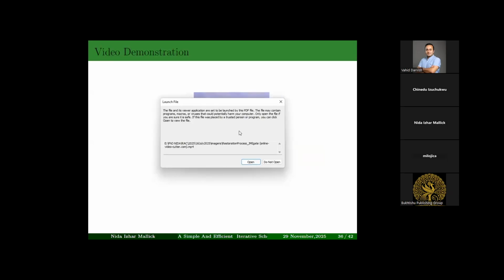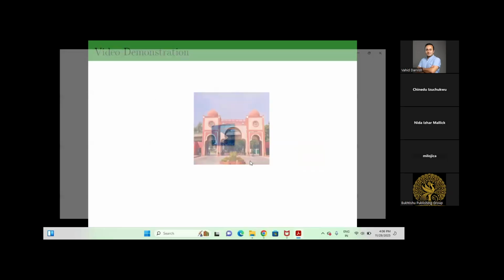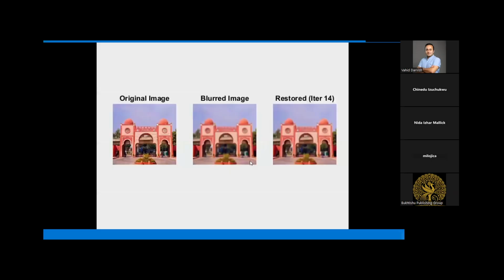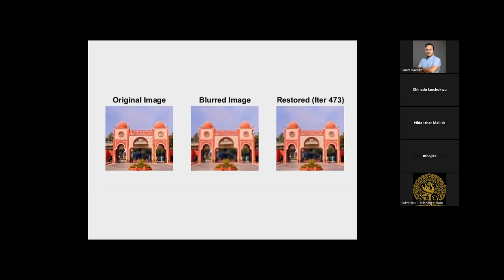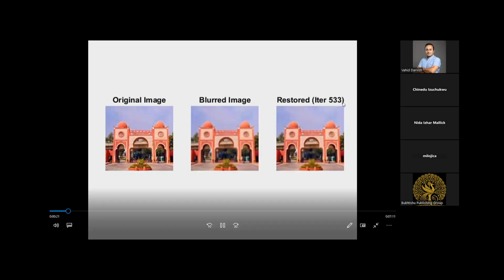Here is a pictorial representation I also created, sorry, a video representation I also created. I hope you all are able to see it. So this is the original image and this is a blurred image. I took just one example corresponding to Gaussian blur. And here you can see as the iterative step is increasing, the image is getting closer to the original image.